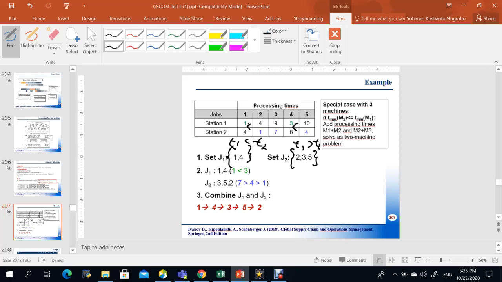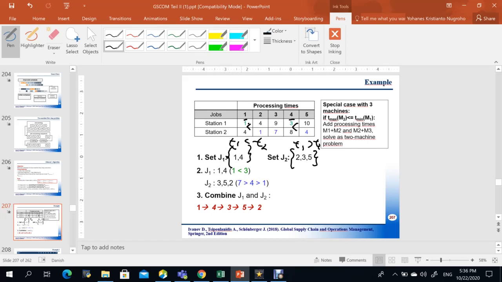So the sequence here is 1 and then 4, because here 1 is less than 3. But for J2, we reverse the rule, starting from the longest processing time.